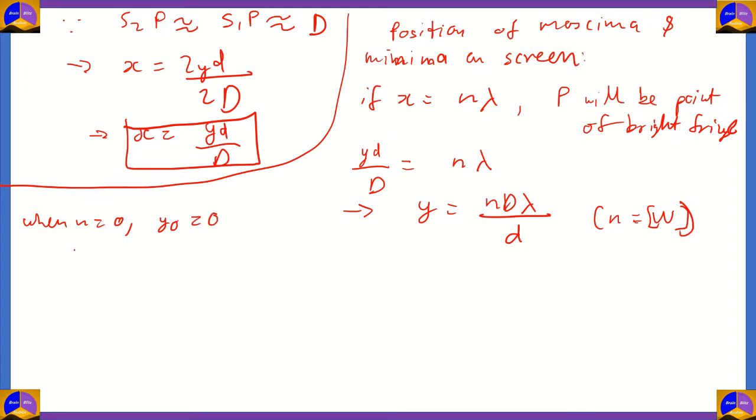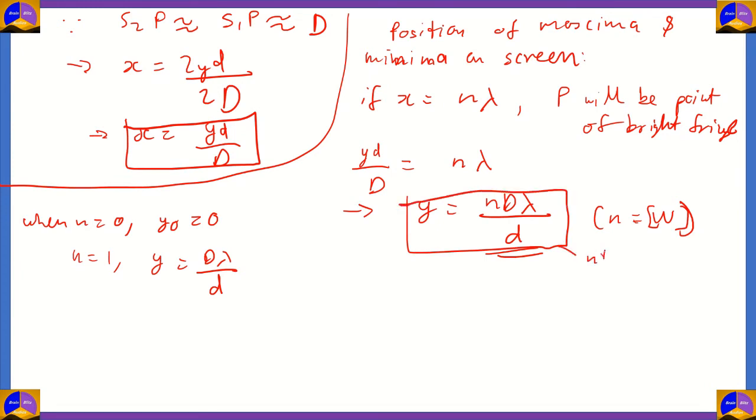When n equals 1, y1 will be equal to D lambda by d. And for n equals n, yn is equal to n D lambda by d. This is the formula we use to find the nth bright fringe.